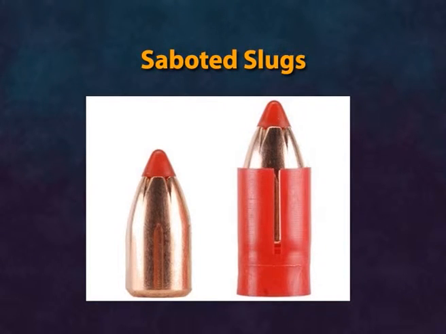Saboted slugs. These are sub-caliber missiles which have a discarding plastic collar surrounding the missile to bring it up to standard caliber. They are generally designed to be fired from a special rifled shotgun barrel to spin stabilize the missile.